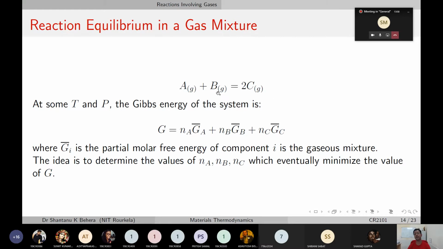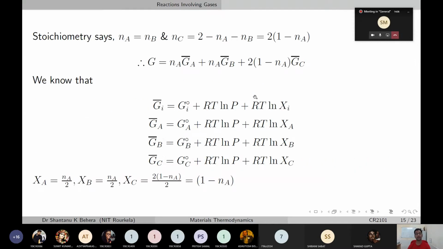The ratio is such that the total number of moles in the gaseous mixture in the middle of the reaction is also going to be 2. And that's what's written here. Na is Nb, and Nc is 2 minus 2Na. That's 2 into 1 minus Na, because Na is equal to Nb.